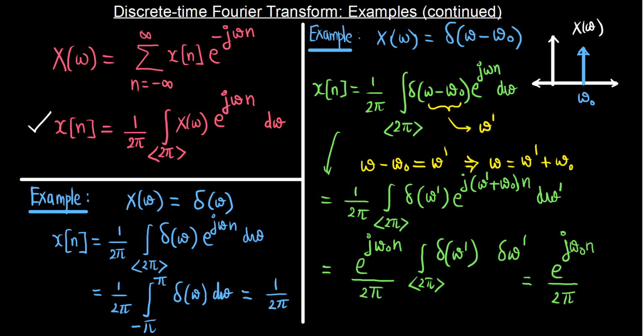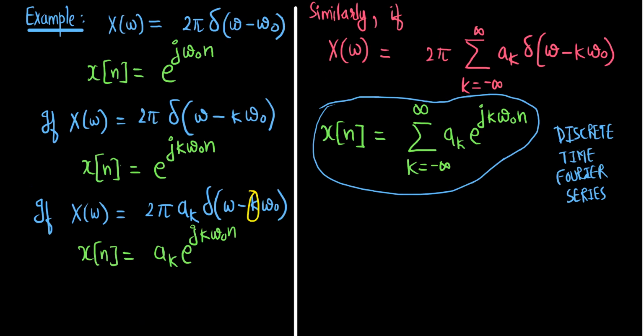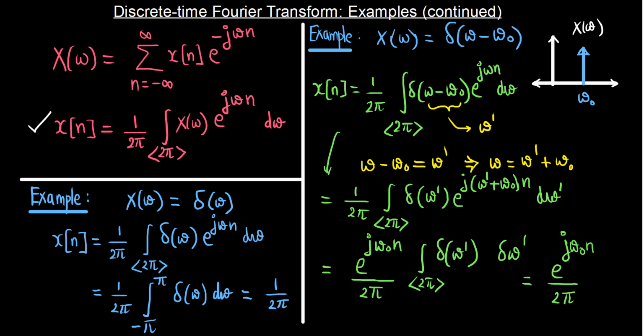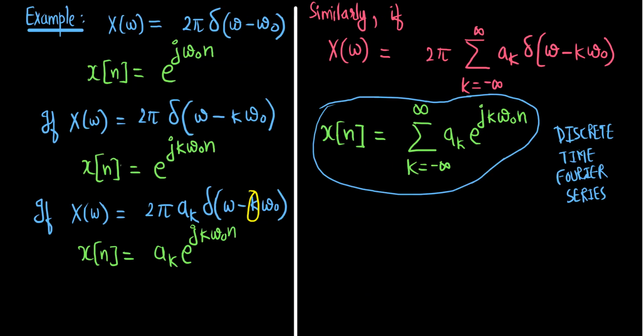Now we have taken another case where I have taken a scaled version of that shifted impulse. So that is 2 pi times delta of omega minus omega naught. So that 2 pi is going to get cancelled, and what we are going to get is e power j omega naught n. Now I have taken multiple such impulses that are located at integer multiples of omega naught.